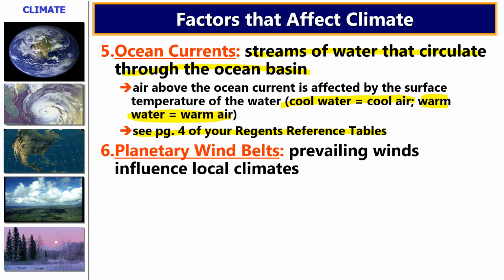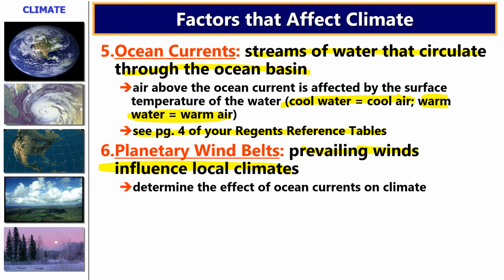Then planetary wind belts. These also are going to influence your local climates. Planetary wind belts are in your reference table closer to your weather stuff, around like page 11, I think. So these actually are what drive ocean currents and determine its effect on climate, and they're on page 14. I was close with 11, not really.